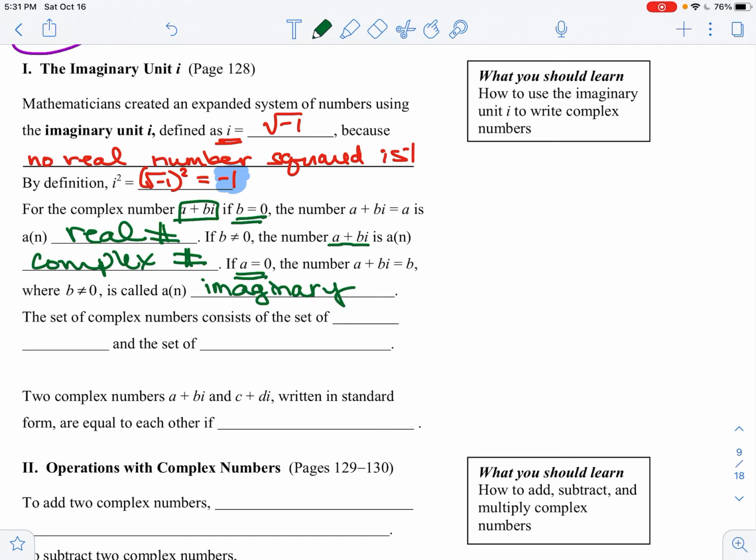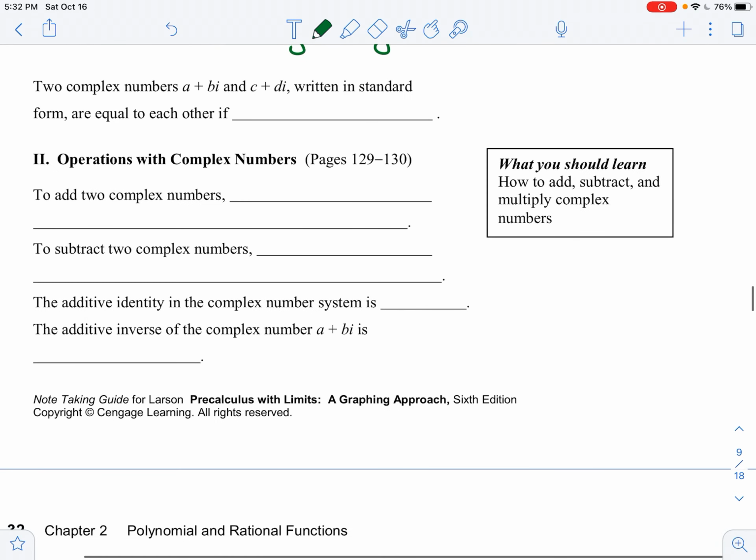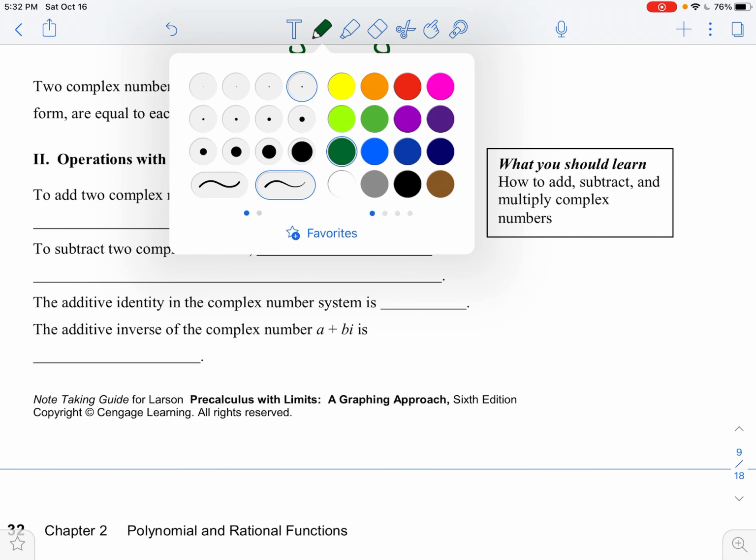The set of complex numbers consists of the set of the real numbers and the set of imaginary numbers. So basically, we're just establishing that a complex number is any value of a real number plus any imaginary number.